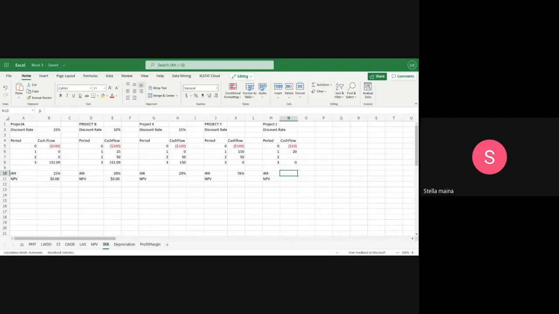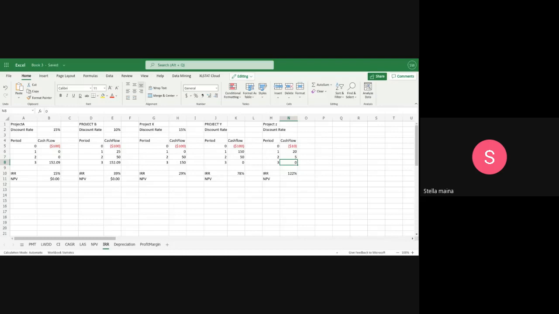I will also do the same for this IRR from N5 up to N. Wait, I missed out one value here. Okay, let me just put it and then it will adjust up to N8. Yeah. So let me just make sure this value is inputted. So yeah, it has changed to 122.